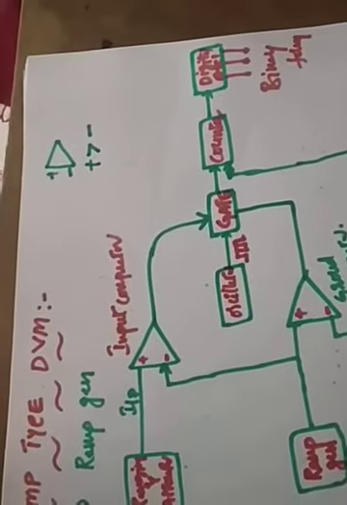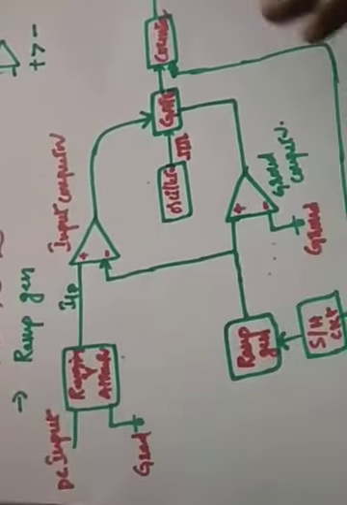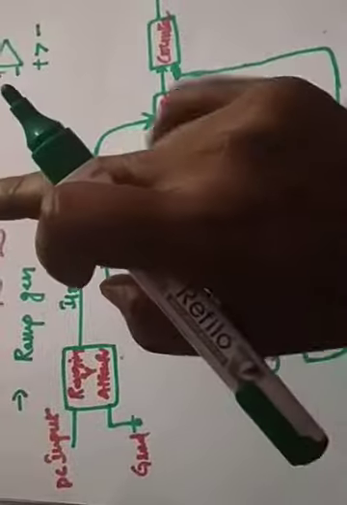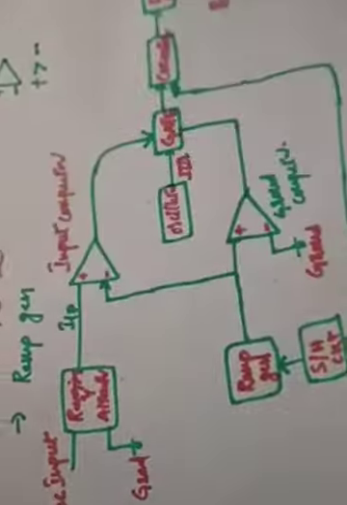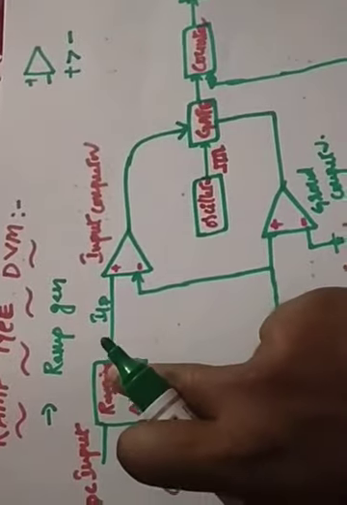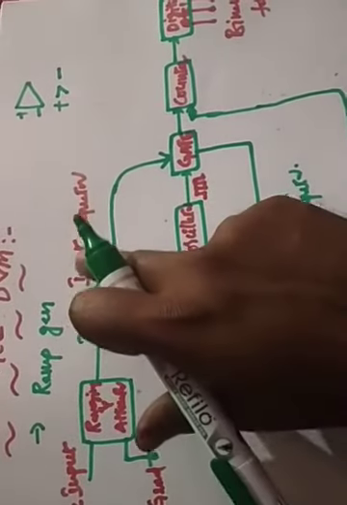So then only this comparator will work. Hope it's clear, right? The positive signal of the comparator is connected to the input from the ranging and attenuator circuit, so nothing is there. This is just amplifier or attenuator, that's it. Right? Whatever the input coming out from the ranging attenuator will enter into the comparator.